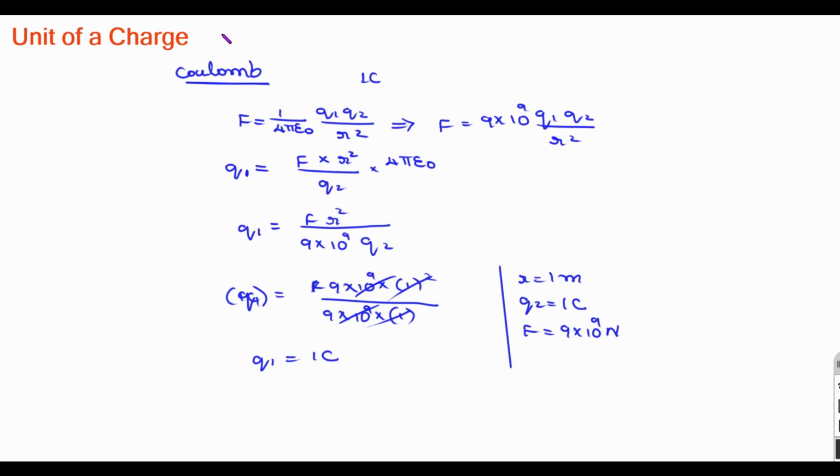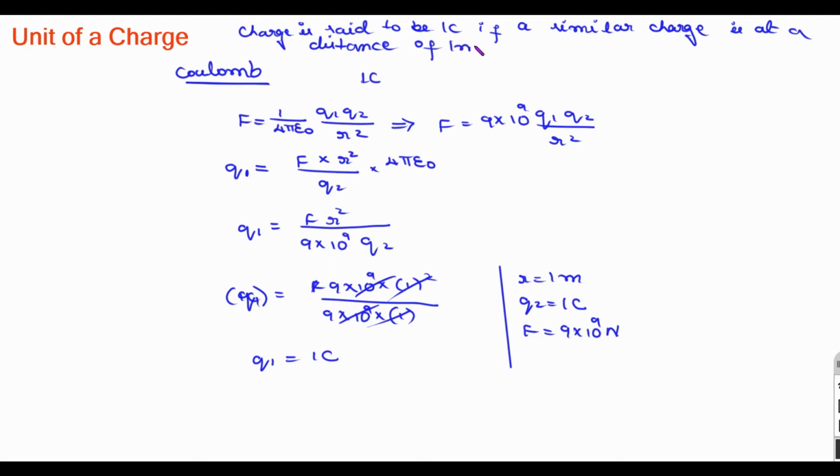So 1 coulomb is defined as a unit of charge. Charge is said to be 1 coulomb if a similar charge, or the same charge, taken at a distance of 1 meter, experiences a force of repulsion of 9 into 10 to the power of 9 Newton.